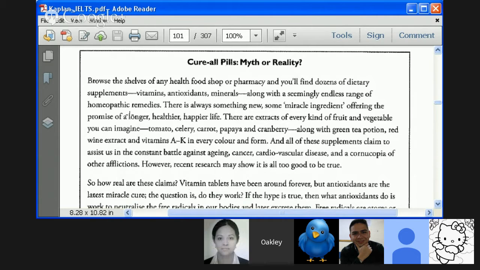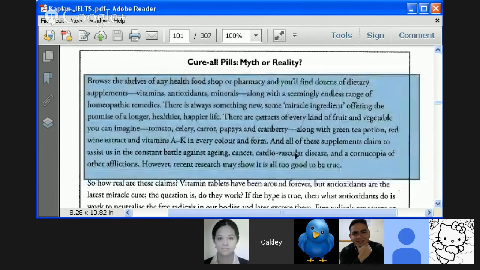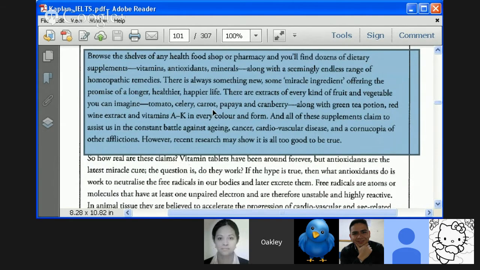I'm probably always going to want to read the first paragraph to get the idea of what he's going to be talking about. I'll just read it really quickly, and then we're going to go right to scanning for information and practice how to do that.